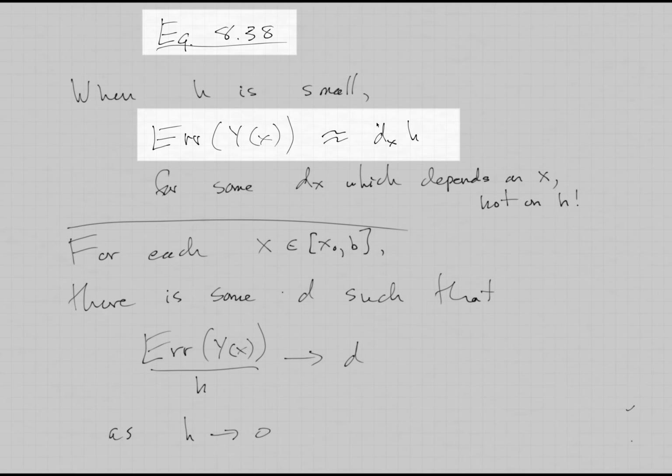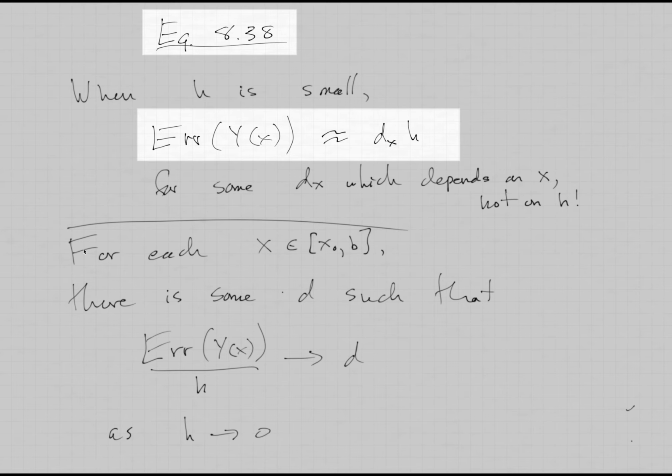Now dx here, that's the constant of proportionality, and I wrote d sub x because this constant of proportionality depends on what x is, right? So for some x, this may be large. For some x, this may be small. But for all x's, there'll be some constant dx such that the error behaves like dx times h.